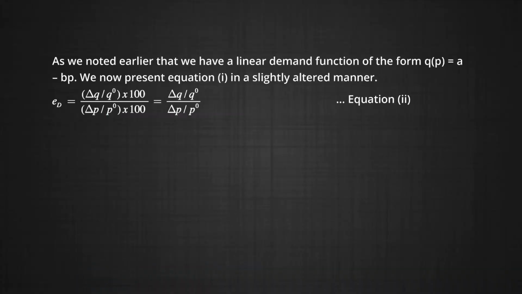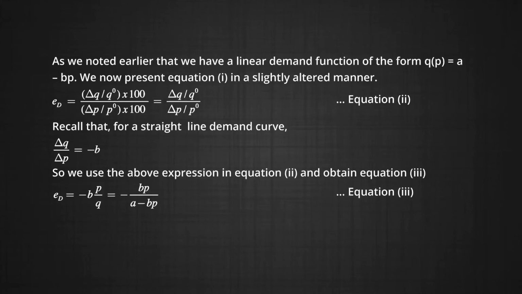As we noted earlier, we have a linear demand function in the form QP equals A minus BP. We now present equation 1 in a slightly altered manner. Recall that for a straight line demand curve, the slope is minus B. So we use the above expression in equation 2 and obtain equation 3.